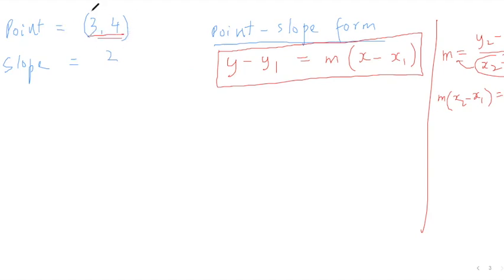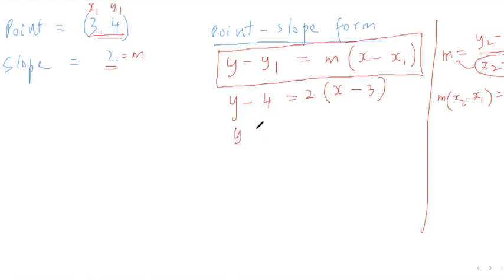We know the point, that's our x1, y1, and we know the slope, that's m. So y minus y1 is y minus 4, equal to m, that's 2, into x minus x1. x and y always remain as x and y in the equation. Minus x1, that's 3.